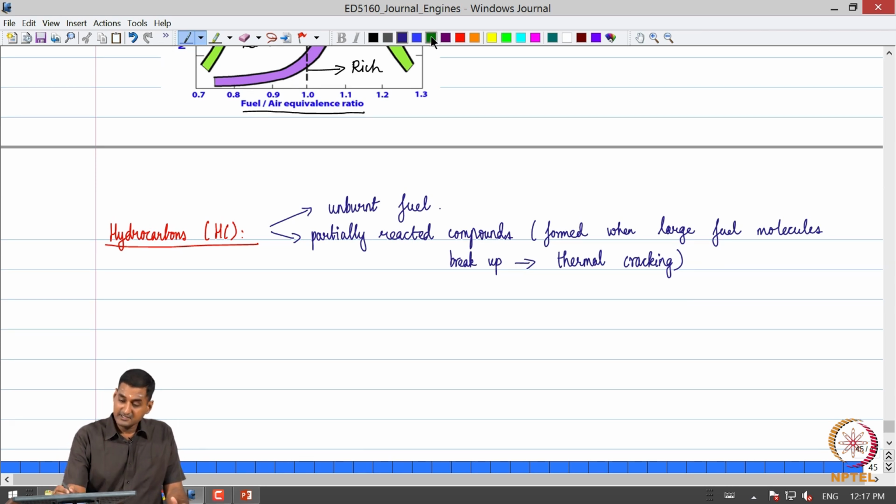And what are some limitations with hydrocarbons? Obviously they act as irritants for us and odorants.